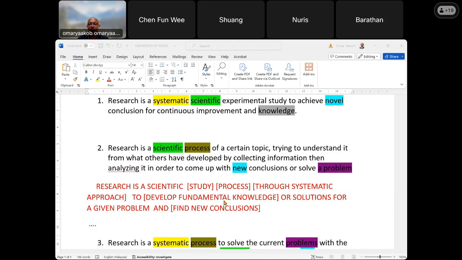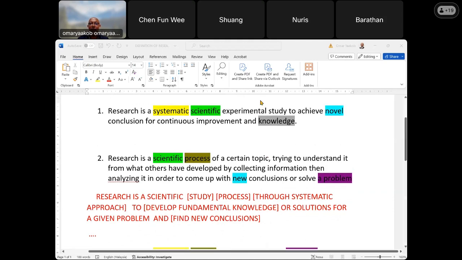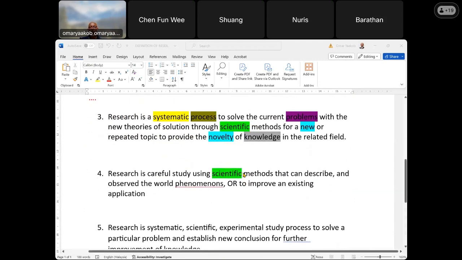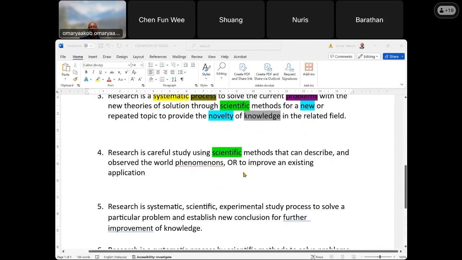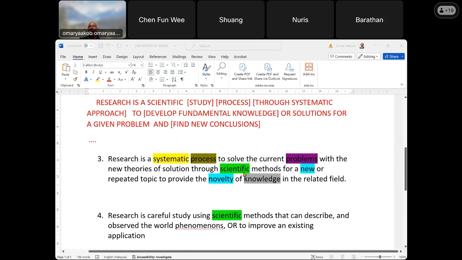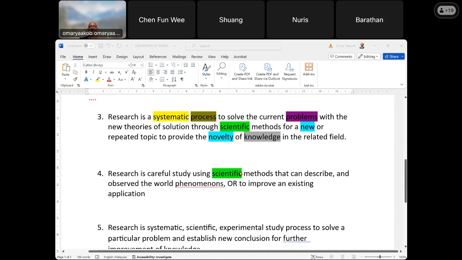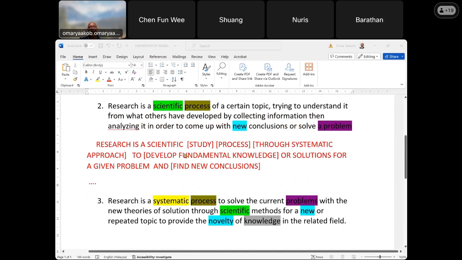How do you put this inside this definition? We just want to focus on whatever you have already decided. We want to use the keywords that you have already come up with through a long process, these six. Based on this, we want to rewrite it so that we have one proper definition that you can agree upon.